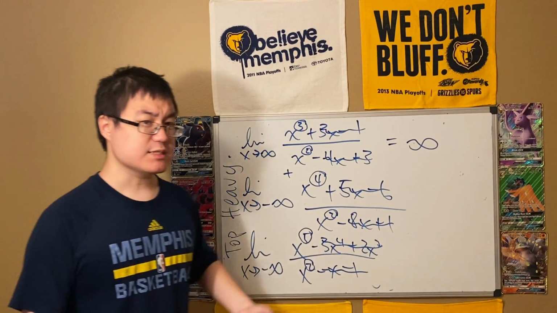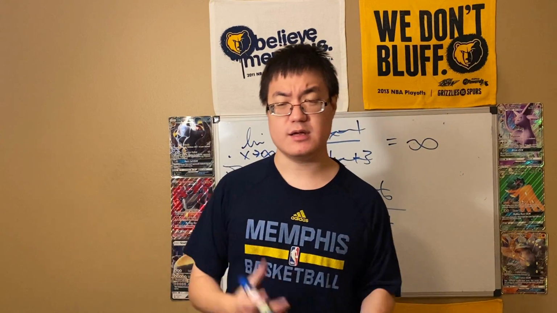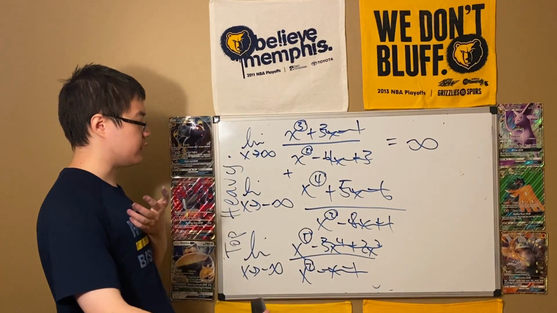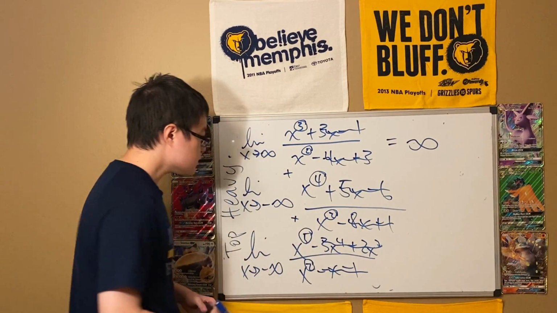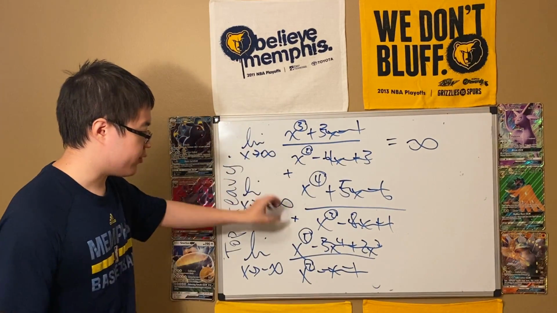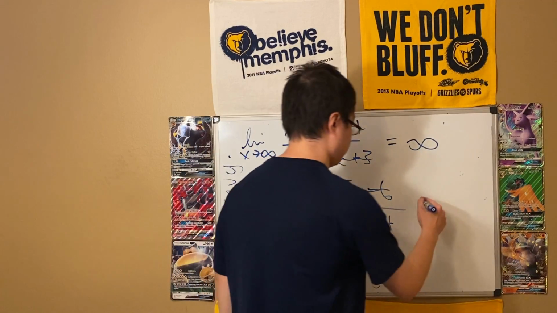Same thing with the bottom, because negative 1 times negative 1 is positive. So negative infinity times negative infinity, those negatives will cancel out. You're going to get positives. So what is a positive number over a positive number? That's just going to be infinity.